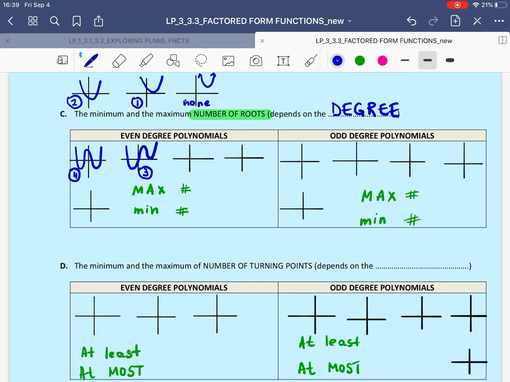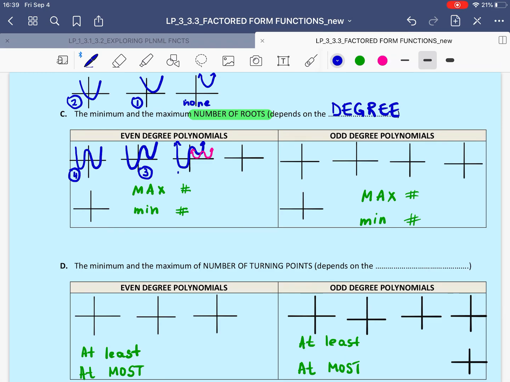But it can also have only 2 roots. For example, 1, 2, and then it doesn't touch the x-axis again. Another possibility can be a function that goes like a w, right?